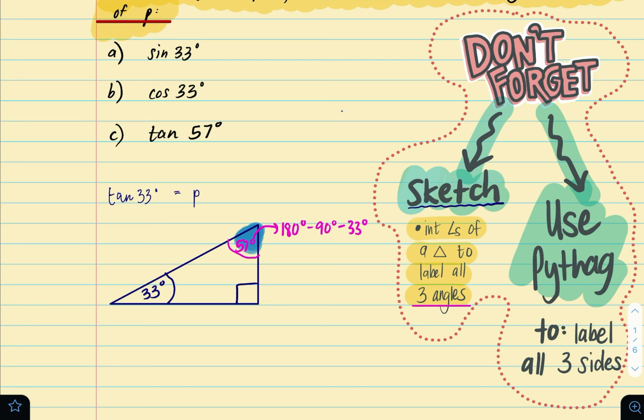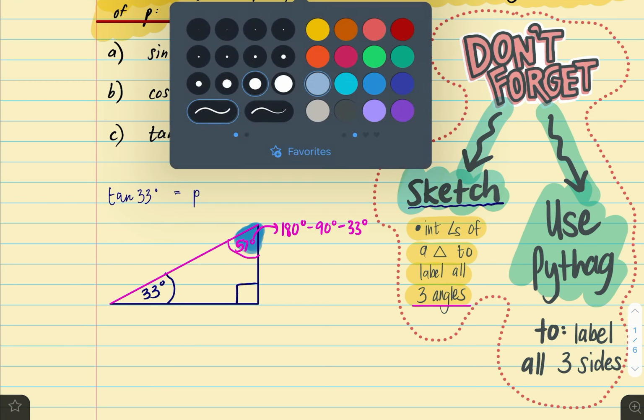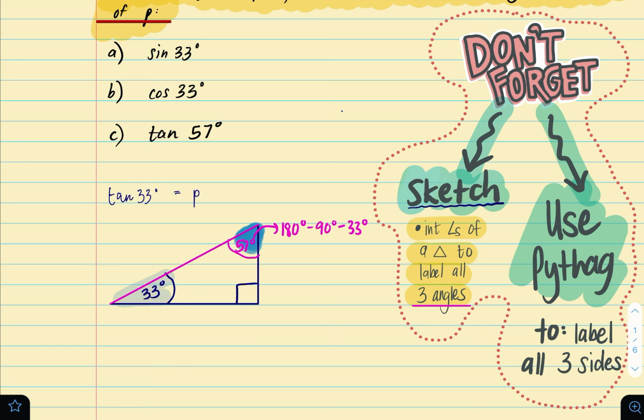And now we need to use Pythagoras to label all three sides. Remember, we have a hypotenuse in a right-angled triangle. And the only thing we can actually think about right now is that in terms of 33, or with respect to this reference angle of 33 degrees, don't you agree?